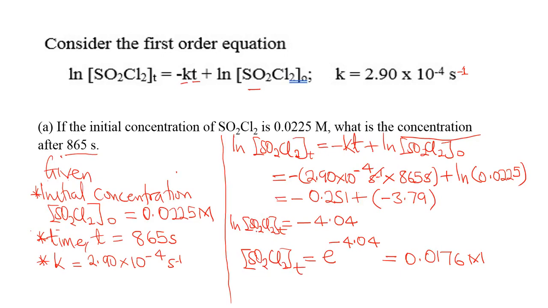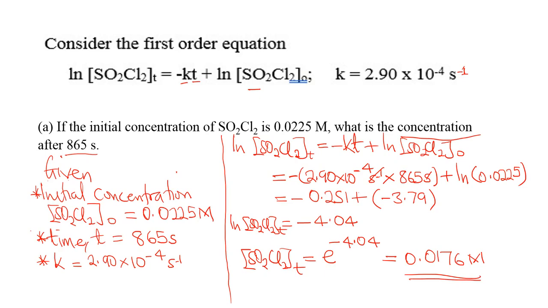To get rid of the natural log, you bring out your concentration here, but the answer should be raised to the power of e, because that's how we move from a natural log. So we are saying this is the concentration after time t.